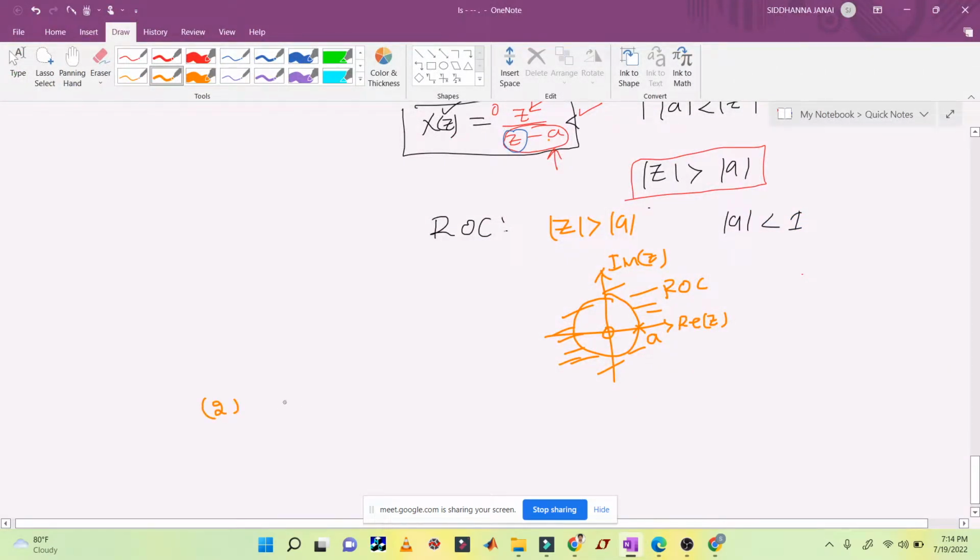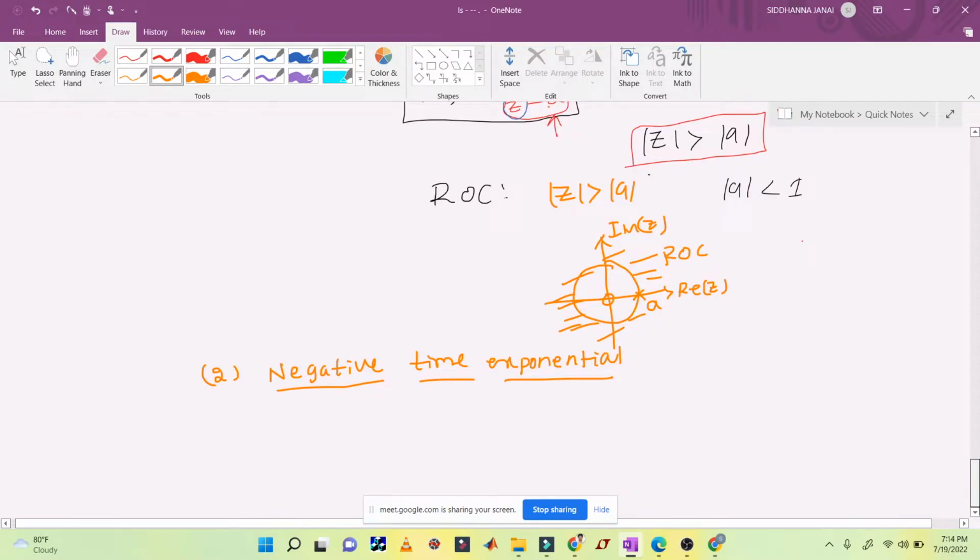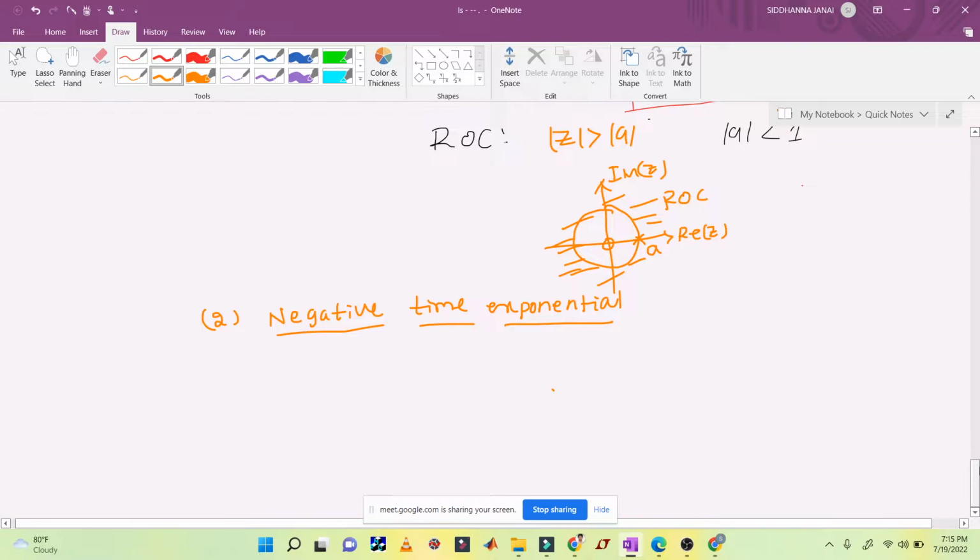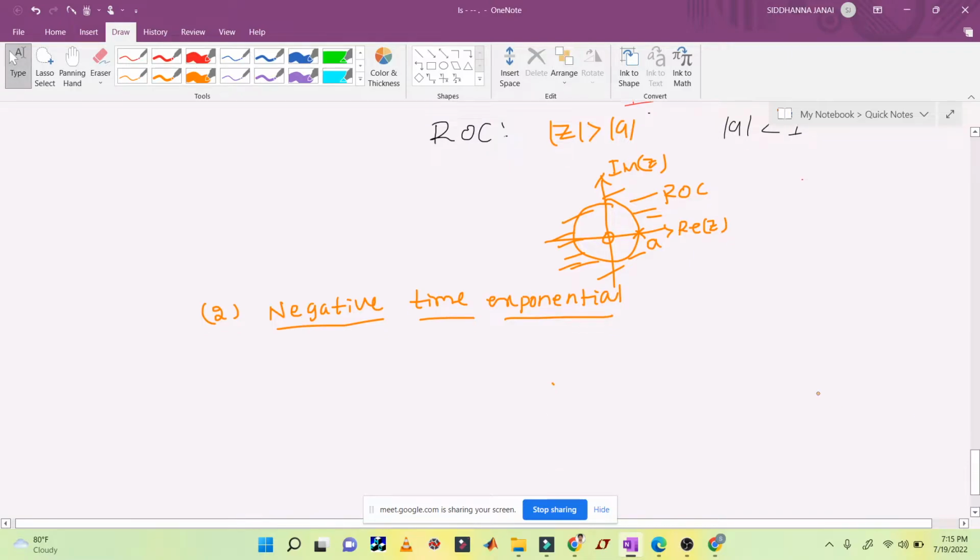First one is positive time exponential, second one is negative time exponential. So whatever Z transforms I am discussing now, they are called standard Z transforms. Remember that.